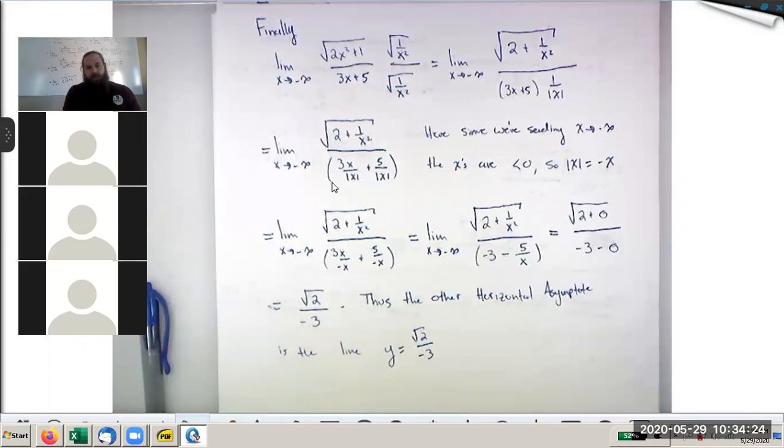Calculating these specific limits, the limits at negative infinity, where you have to deal with a square root of x squared as the absolute value of x, constitute the more challenging problems from chapter 2. And they're very common Calc 1 problems. So the good news is, if you Google around, you can probably find 15 or 20 different ways to think about it, 15 or 20 different ways to write out the details.